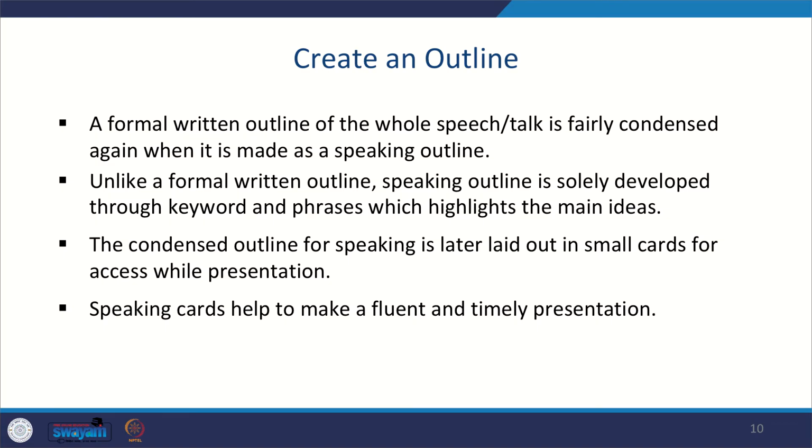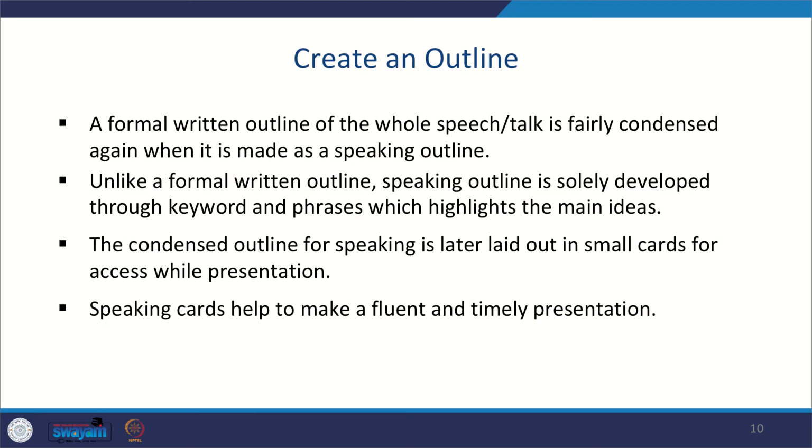So, have a condensed outline for speaking, and that is actually later laid out. Either if you feel that it is very mandatory for you because you do not remember everything, let you have the opportunity or the facility of bringing cards.